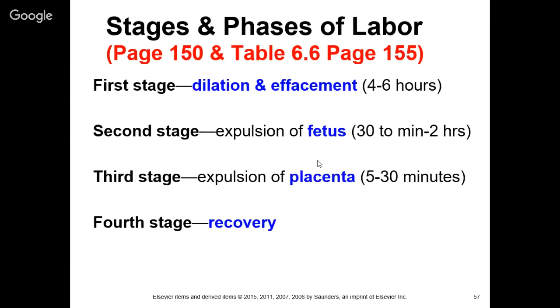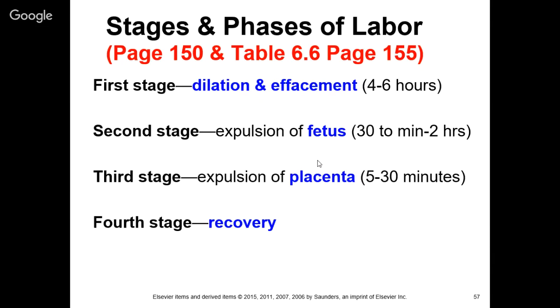So, stages and phases of labor. This is in your worksheet, and this is good to know. You do not need to know all the nitty-gritty, but you should at least know stages 1, 2, 3, and 4, that there are 4 stages, an idea of the main thing that's occurring during those stages, and approximately the duration. The first stage is all about getting the uterus ready, dilation and effacement, roughly 4 to 6 hours.